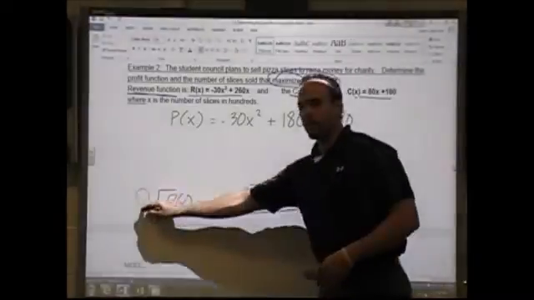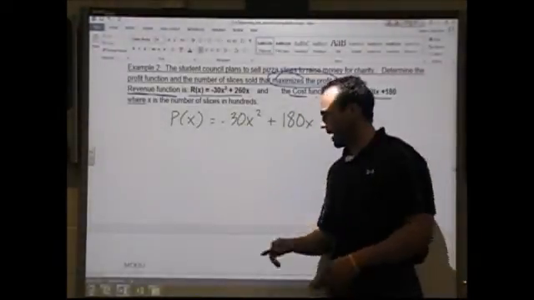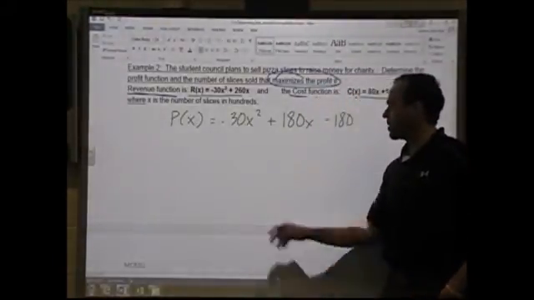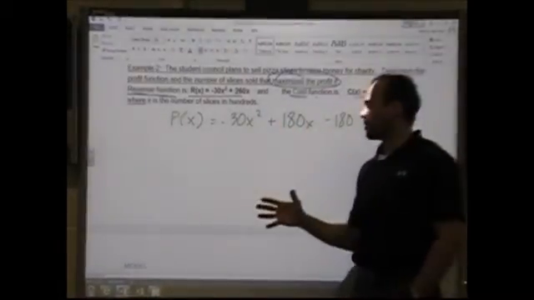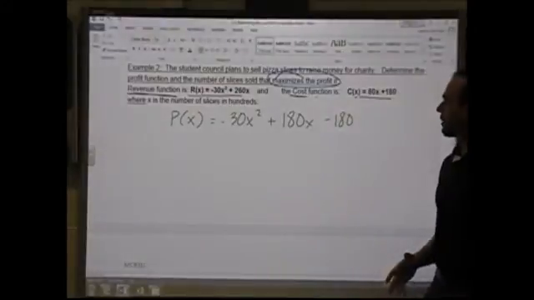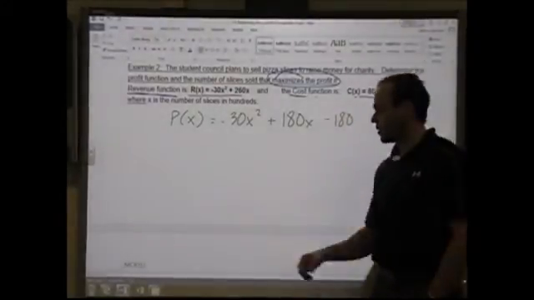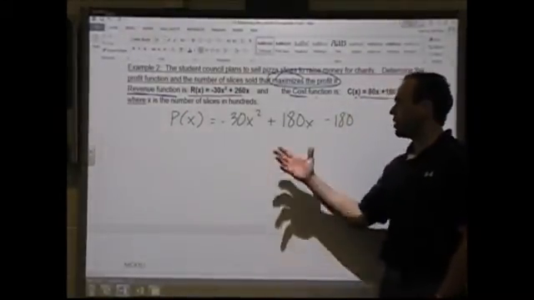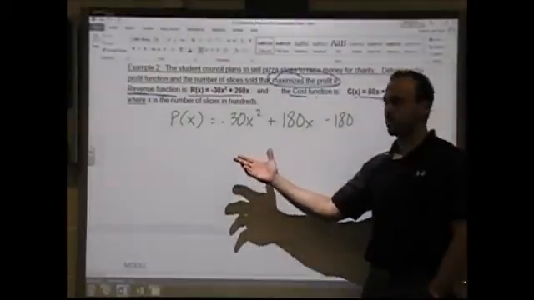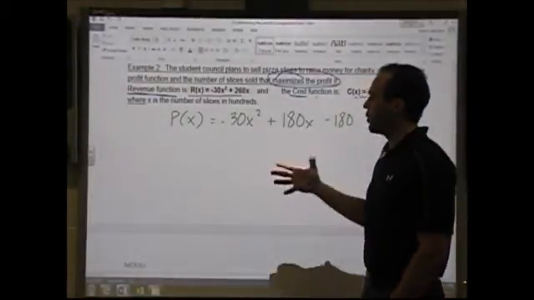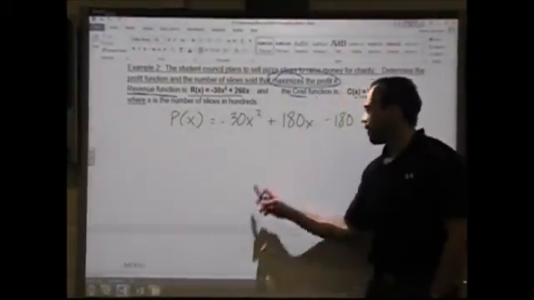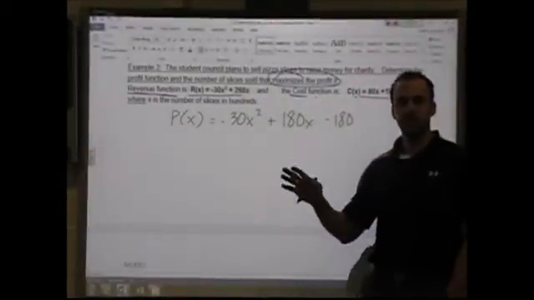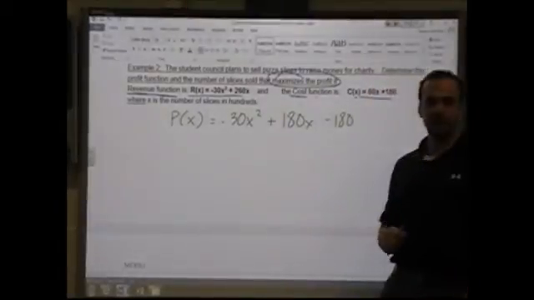Again, in order to find a maximum of any parabola, because this is a parabola in standard form, you have x squareds and x's, what you're going to have to do is find the vertex. So you have two choices. Either put this into vertex form by completing the square, which I would never do unless the question specifically asked me to, or find the vertex using our little secret of finding the equation of the axis of symmetry.